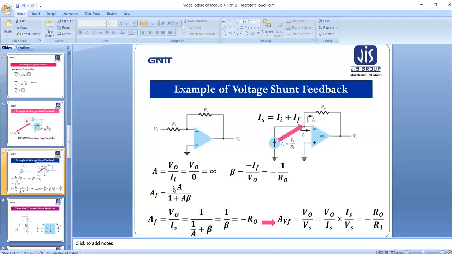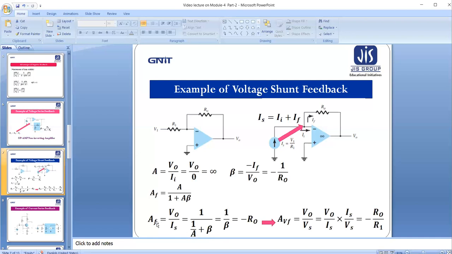So what I am doing, I have divided the numerator and the denominator by A. So it becomes 1 by A plus beta. Now as A is infinity, this 1 by A term will be 0. So it will become 1 by beta.